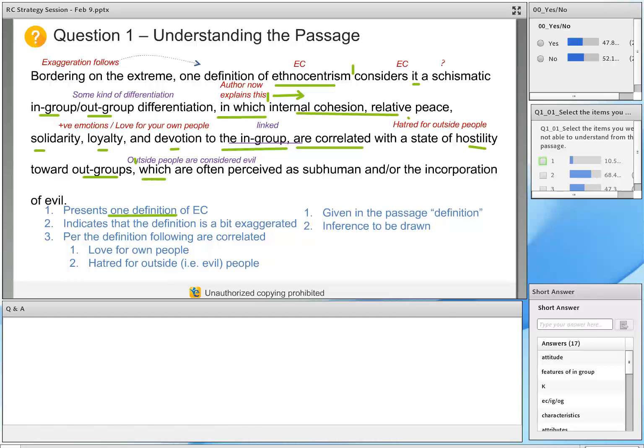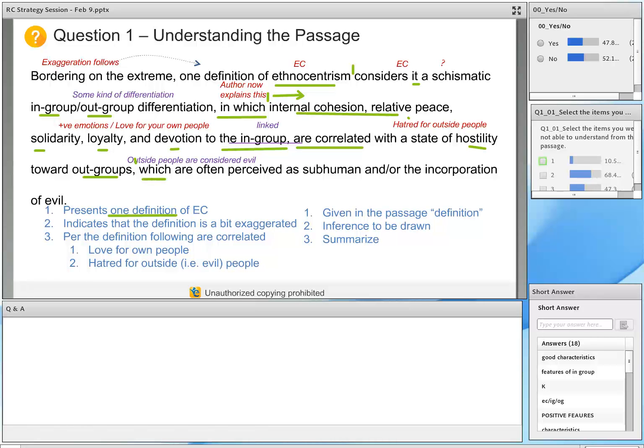The same mode you have to follow when you are reading an RC passage. When you read "bordering on the extreme," you need to know what the author means by that. You have to dissect that, you have to understand that. This is a skill which you definitely need to build and work on.